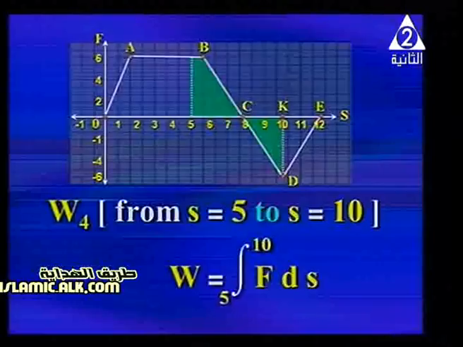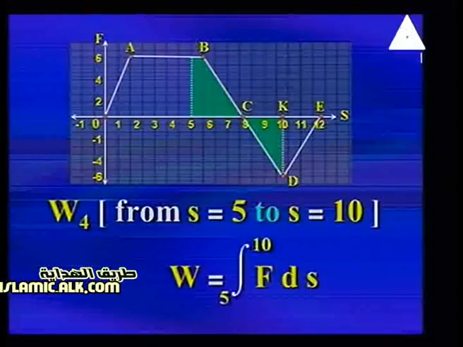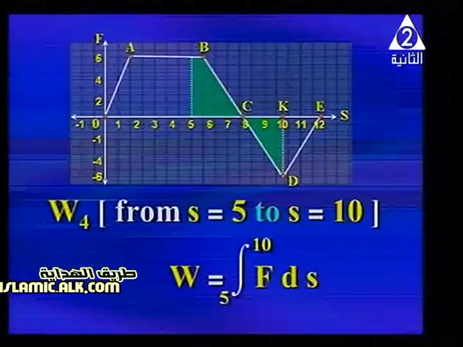Area of trapezium: base 1 equals 1, 2, 3, 4 from 5 to 8. Base 2 equals 1 from 5 to 6. What is the height? Equals 6. Then the area of the trapezium, its bases 4 and 1, its height equal 6.